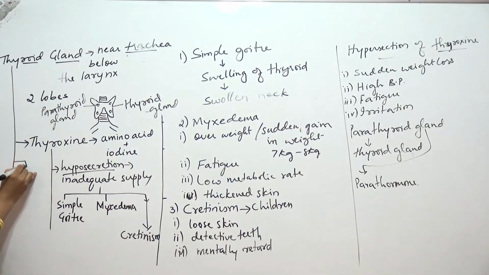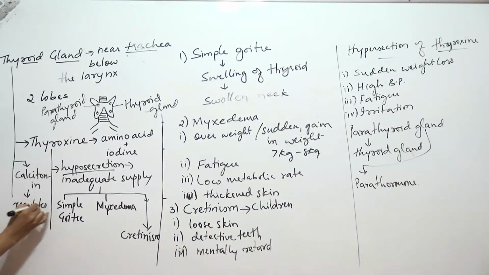One more secretion is called calcitonin. The other secretion of the thyroid gland is calcitonin, which regulates the level of calcium and phosphorus in the blood.